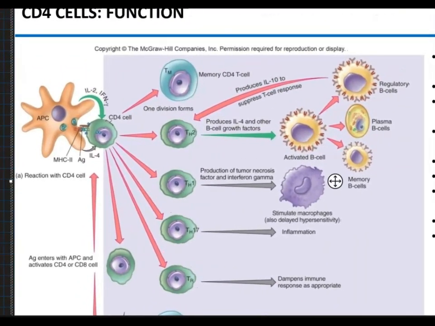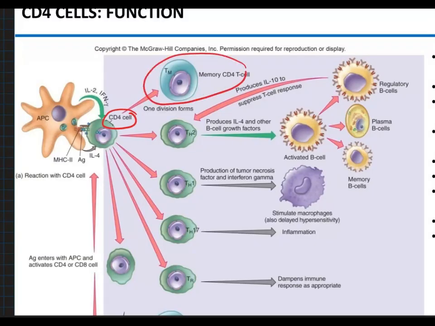So this is your CD4 T cell, a cell that's being activated. The first pool that's formed is memory. Then there are two helper T cells. I'm not requiring you to distinguish functionally between Th1 and Th2 responses.